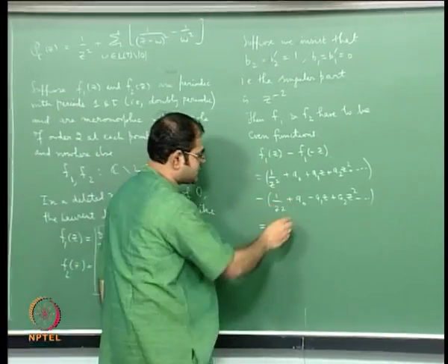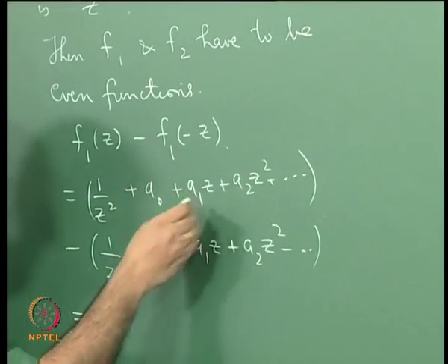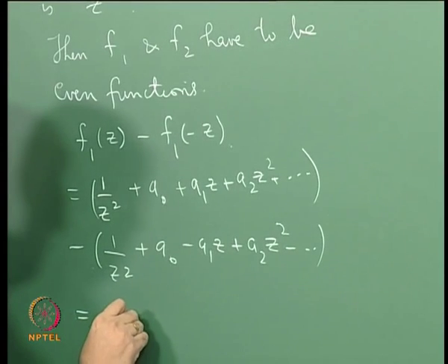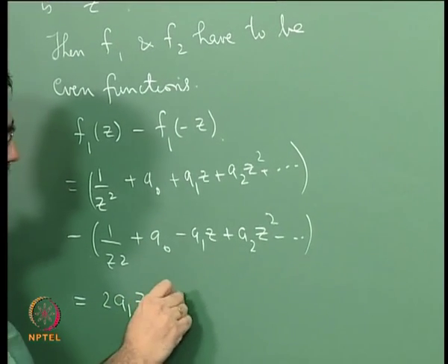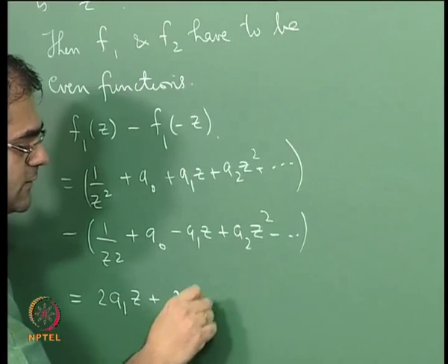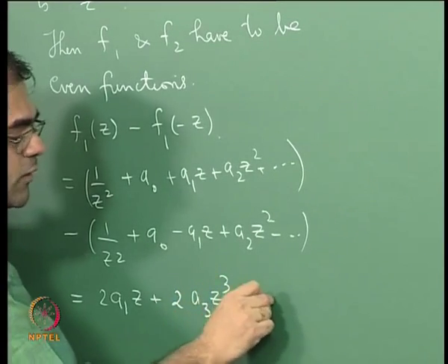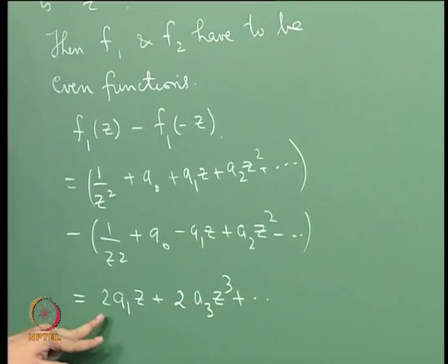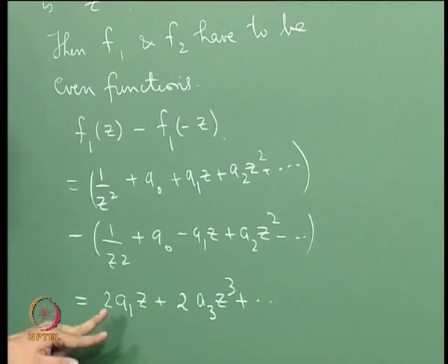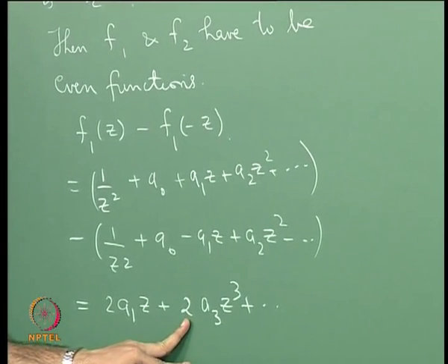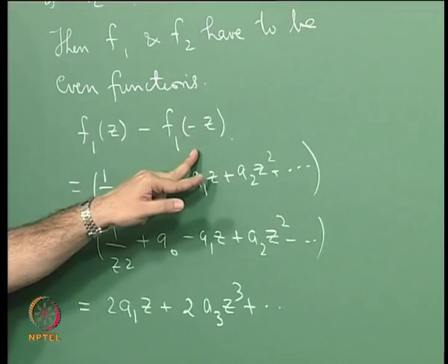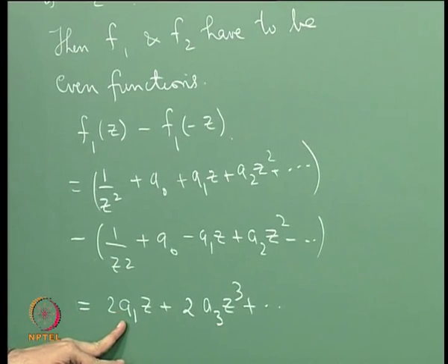So I simply get 2 times a1 z plus 2 times a3 z cube and so on. Notice that this is an analytic function. The difference is an entire function.